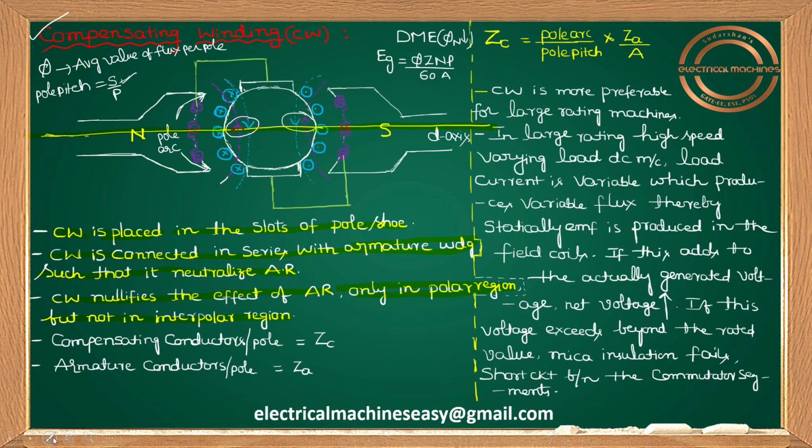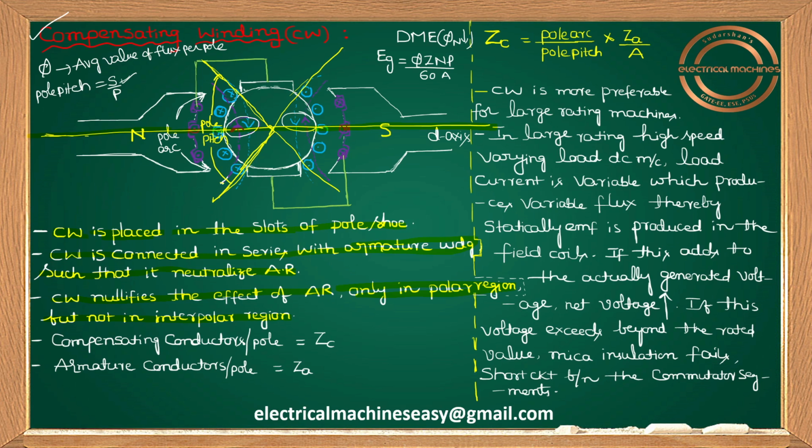In my example, your pole pitch is this distance. Let me show you. This portion comes under the category of pole pitch, because pole pitch means slots per pole.